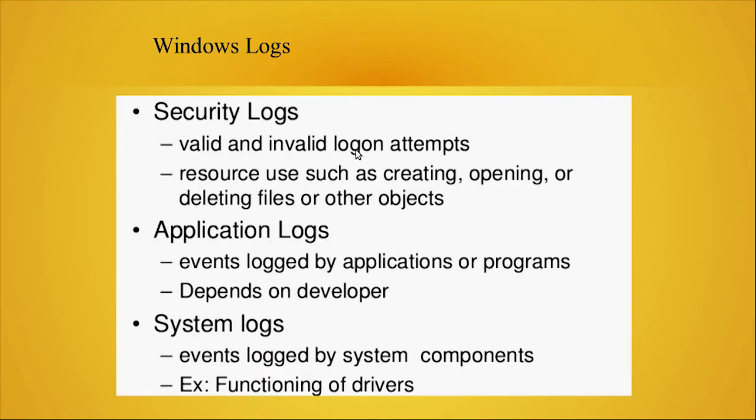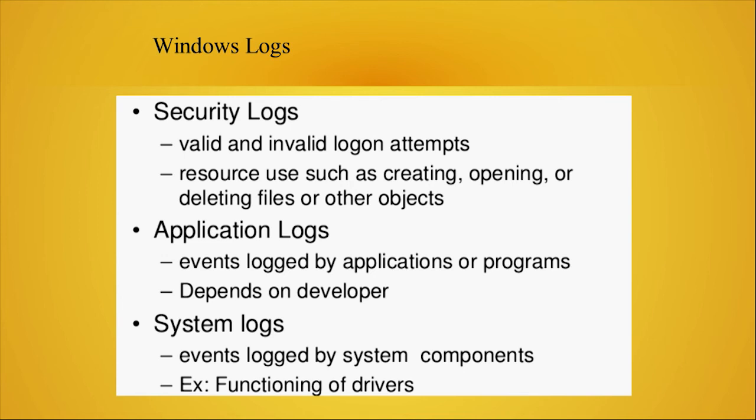The Windows OS might provide you security logs, like valid and invalid login attempts, and resource usage such as creating a file, opening a file, deleting a file and other objects. Then it could have application logs, such as the events logged by the applications. Many application logs usually have some information levels, and you can tune the application to dump what kind of information you want.